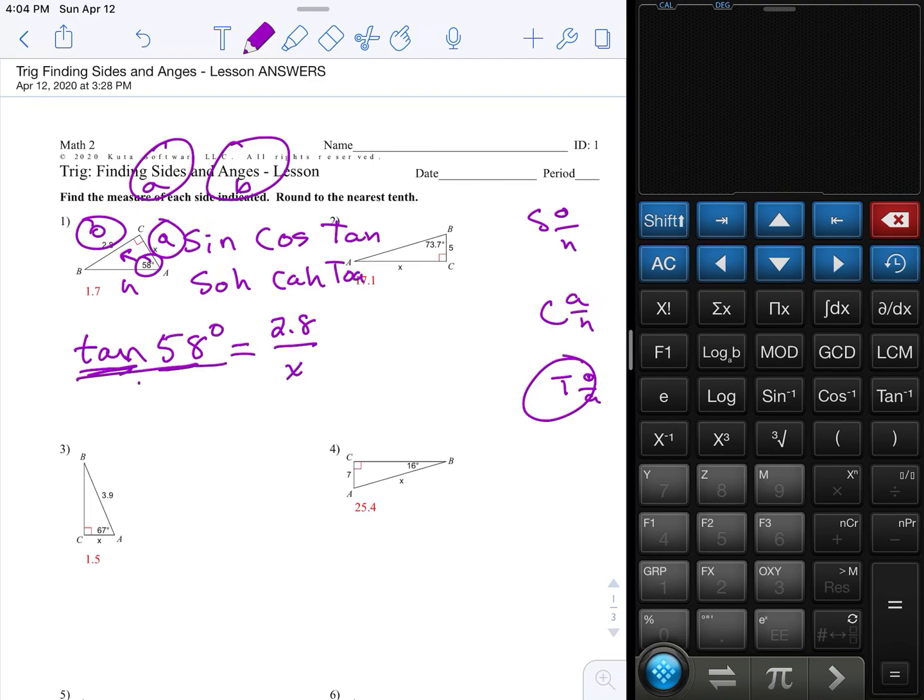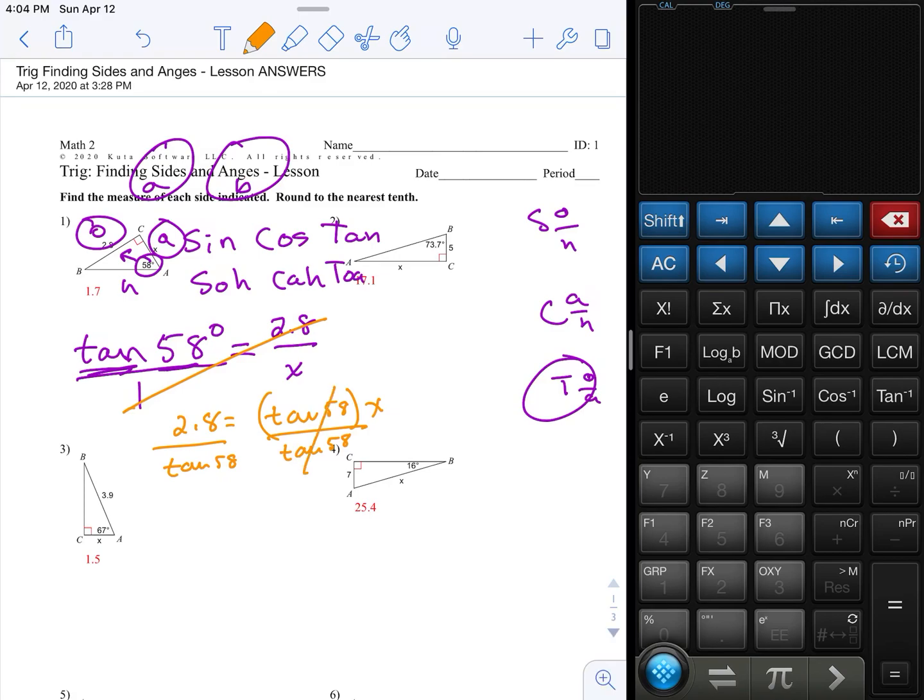Technically what we're going to do is cross multiply. 1 times 2.8 is 2.8 equals tangent 58 times x. Then we divide both sides by tangent 58.